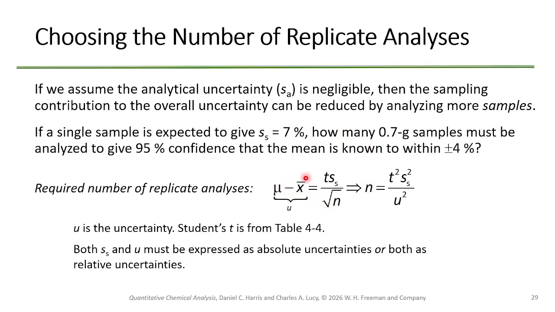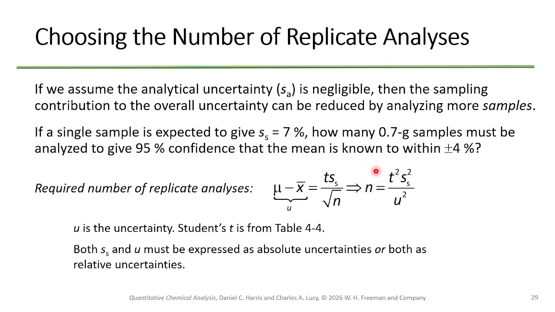So notice that S right here and U right there have to be expressed as absolute uncertainties or both as relative uncertainties. Either way will work for this. We cannot do one versus the other, okay? Because then you would have percentages versus absolutes, right?